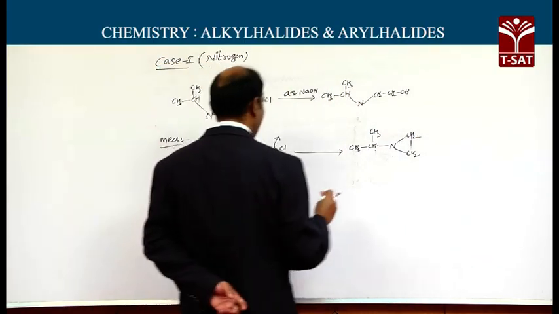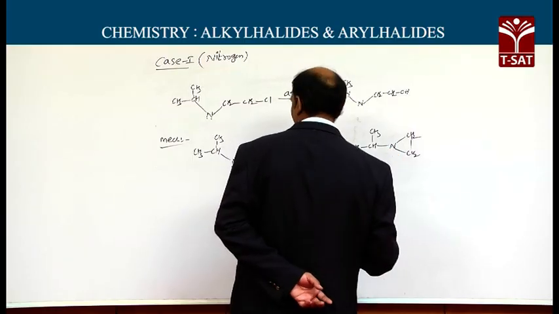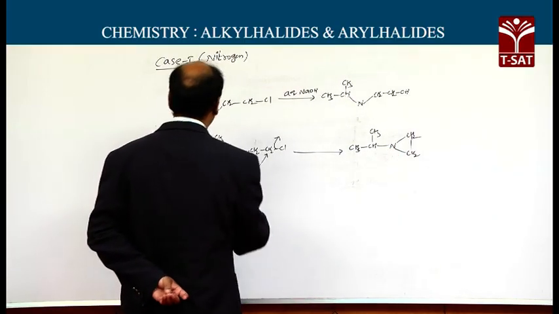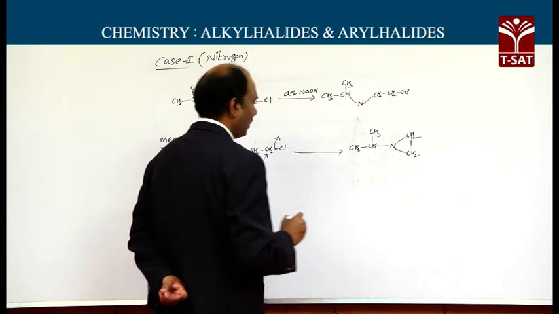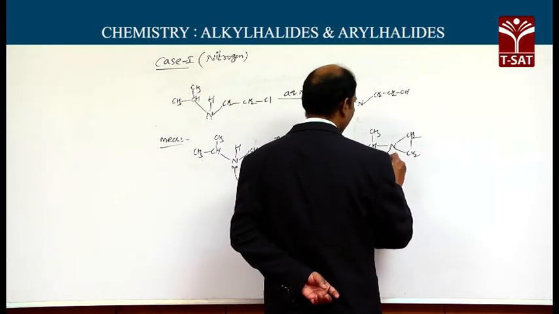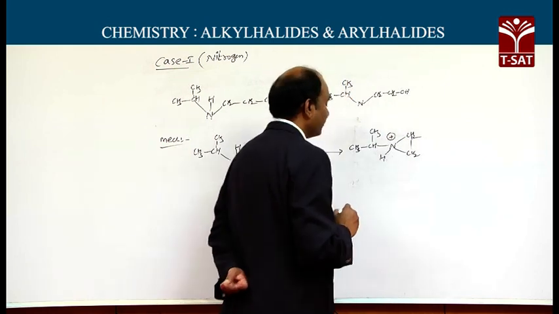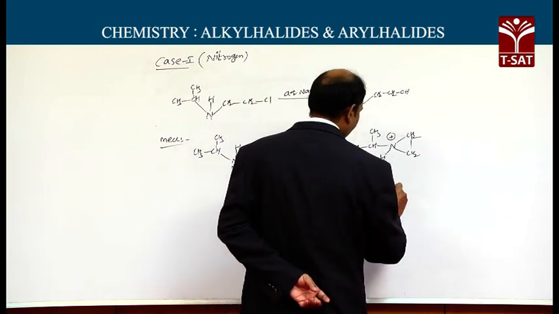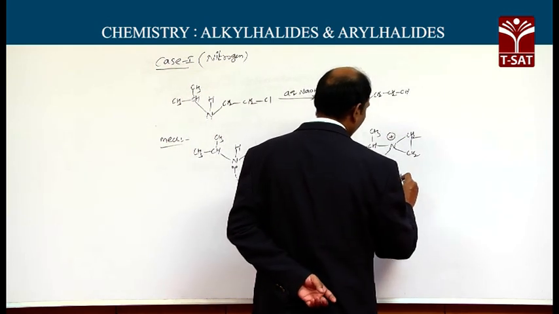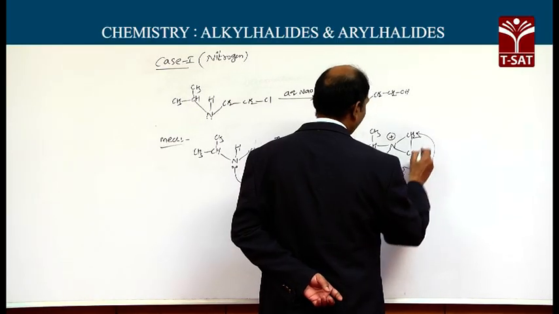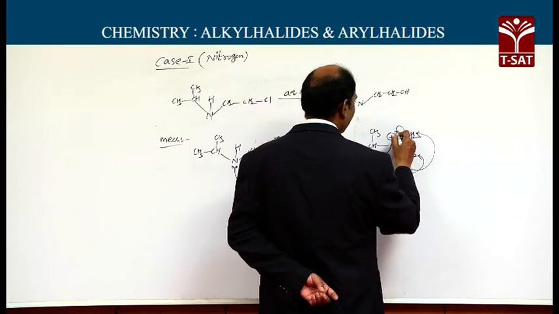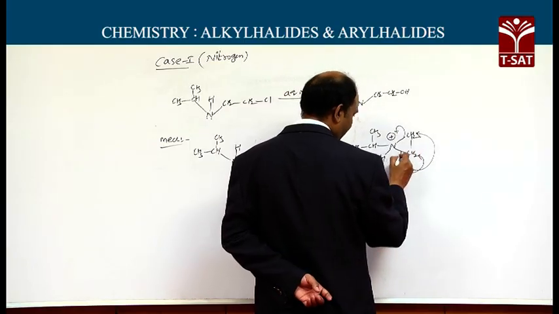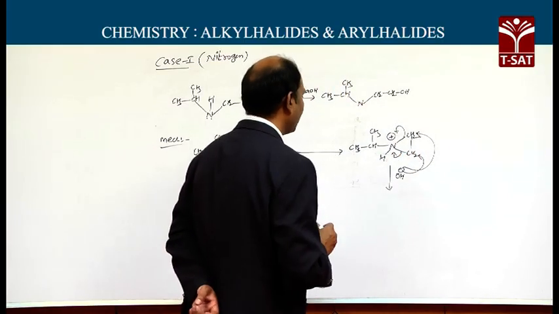After the formation of this cyclic intermediate, here it has hydrogen, this also has hydrogen, this is already having hydrogen, this is plus charge. Now the nucleophile OH minus may attack from this side, or from this side. If it attacks here, ring cleavage takes place here.